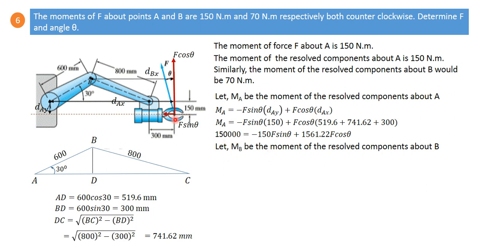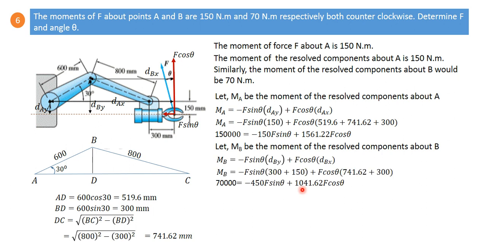Similarly, we can find the moment of both components of force F about point B. Considering the perpendicular distances from points A and B to the lines of action of F cos theta and F sin theta, we get this equation.